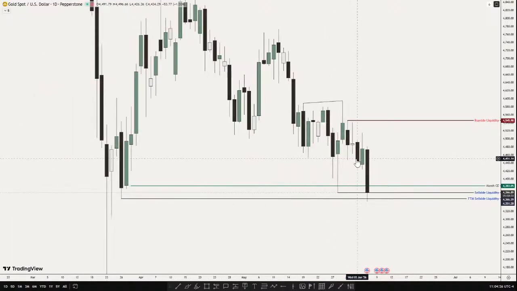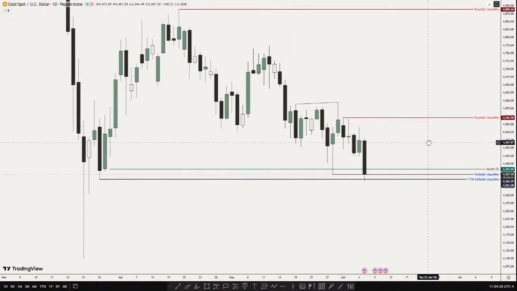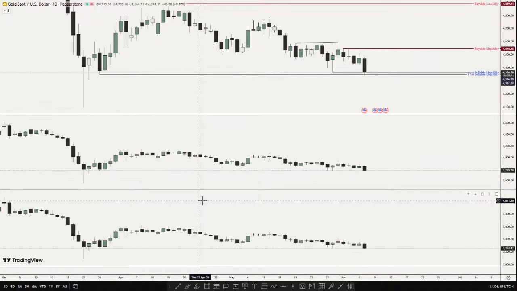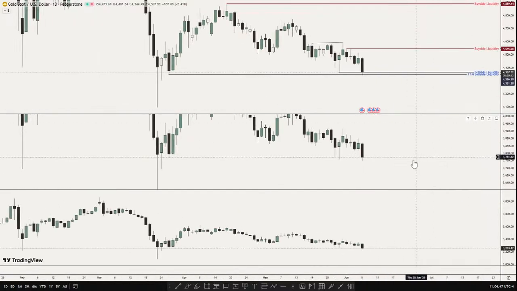So the only logical area for price to go was this sell side liquidity here. The reason is that this sell side liquidity was not manipulated by gold euro and gold pound.